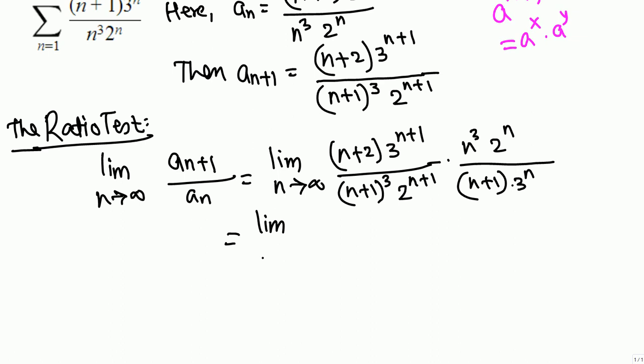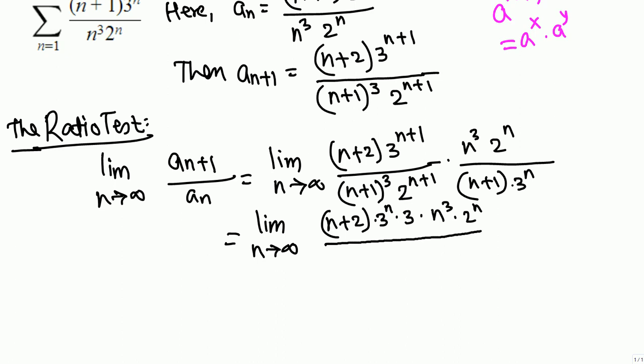The limit as n goes to infinity of (n plus 2) times 3^n times 3^1, which is 3, times n cubed times 2^n on the top over (n plus 1) cubed. Similarly, 2^(n+1) is the same as 2^n times 2^1, which is 2.